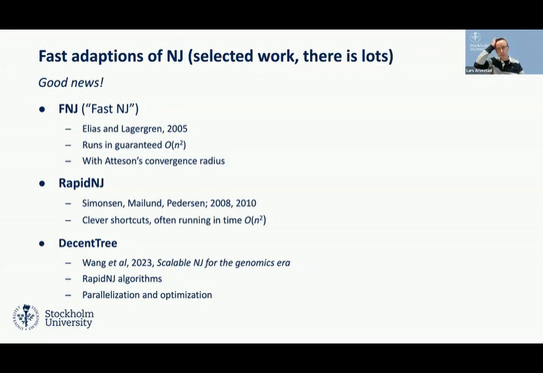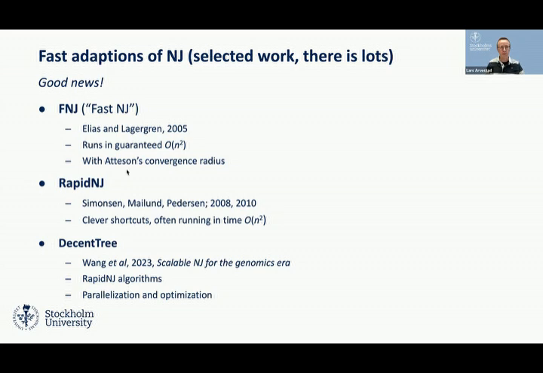So he changed the objective function to be somewhat different, and it's not neighbor joining as such, but it has the same basic properties, at least when the errors are small. So then you're guaranteed the same result. But when you have larger errors, neighbor joining keeps on shining, while fast neighbor joining is doing a little bit worse.